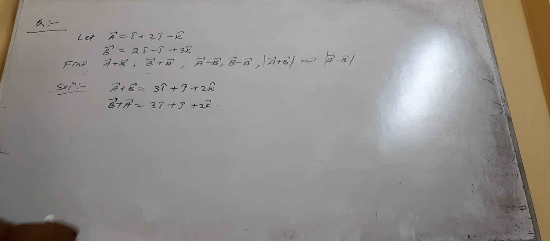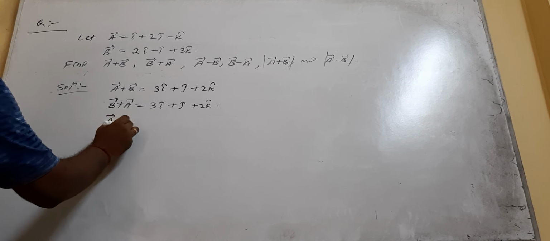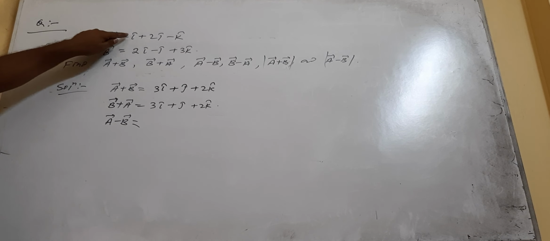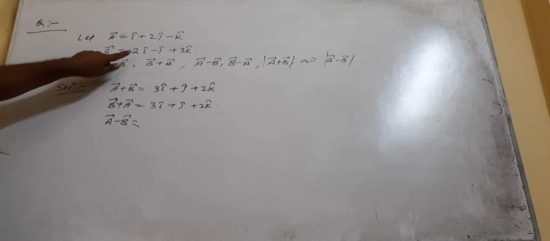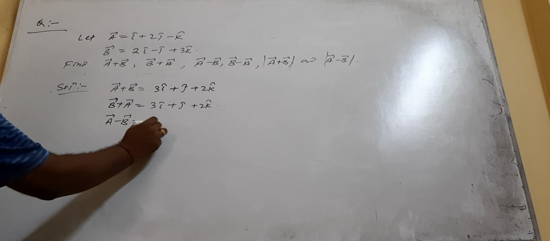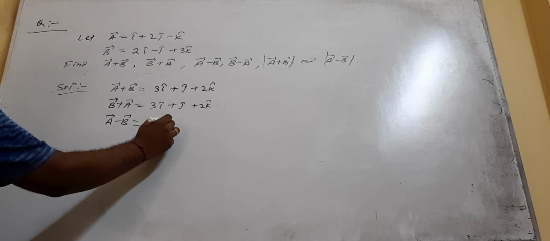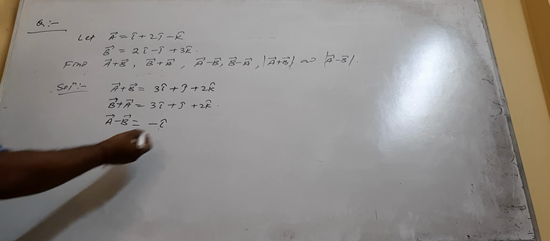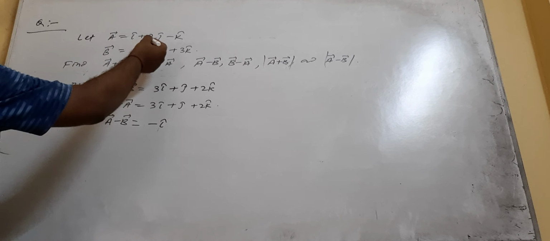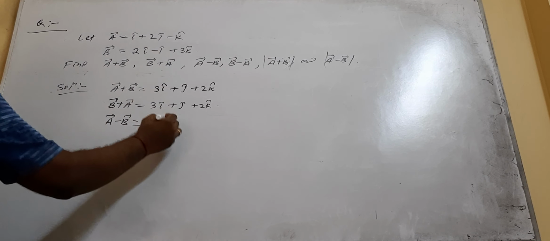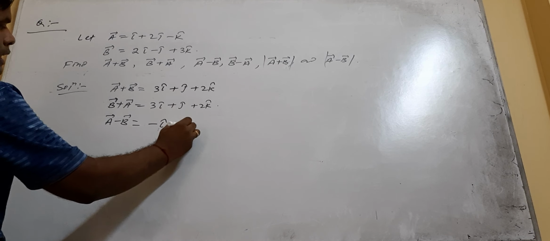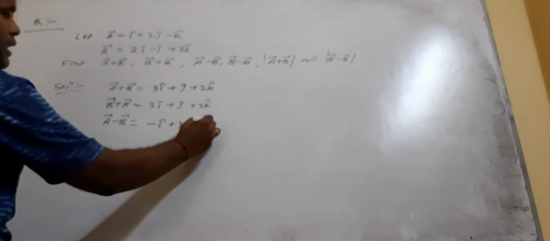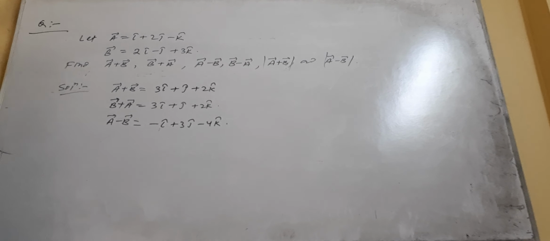Now a vector minus b vector: 1 minus 2 is minus 1, that is minus i cap. Then 2 minus of minus 1 means plus 1, that is 3 j cap. Then minus 1 minus 3 is minus 4 k cap.